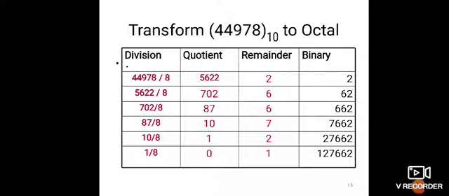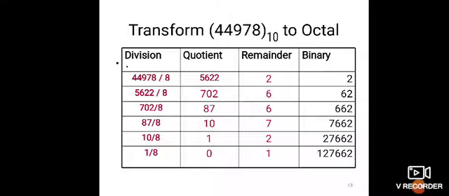If you wish to take an example of transforming a decimal number to the octal number system, the procedure is similar as I said earlier: we divide the decimal number by the base of the system, that is 8, successively, and note down the quotient, remainder and the converted version. So let's take the example of 44978. It is a decimal number and we have to convert it into the octal system.